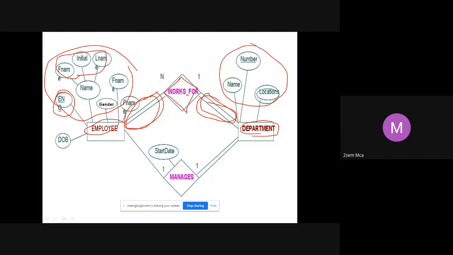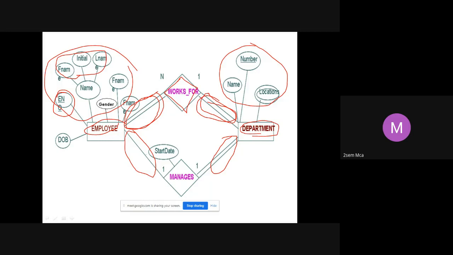Look at here. This is a partial participation, whereas on this side you have total participation. Here it is a single line, here it is a double line. Why like that? Because every employee manages the department means what? Among all the employees, one employee is a manager who is going to manage the department.